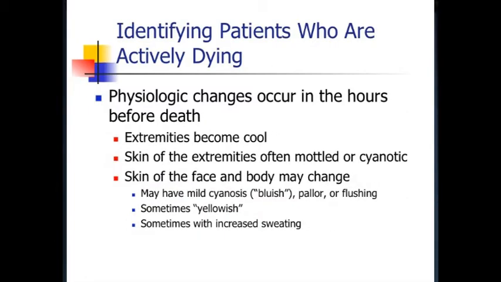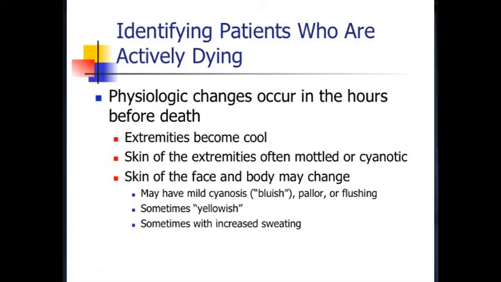What about vasomotor changes and other changes of the integument? So commonly the extremities become cool in the hours before death. Sometimes the skin becomes mottled or cyanotic, particularly in the extremities. And the skin of the face and body may change. This is again from the observations of experienced clinicians. Some patients have a mild cyanosis with a bluish discoloration of the face and body.